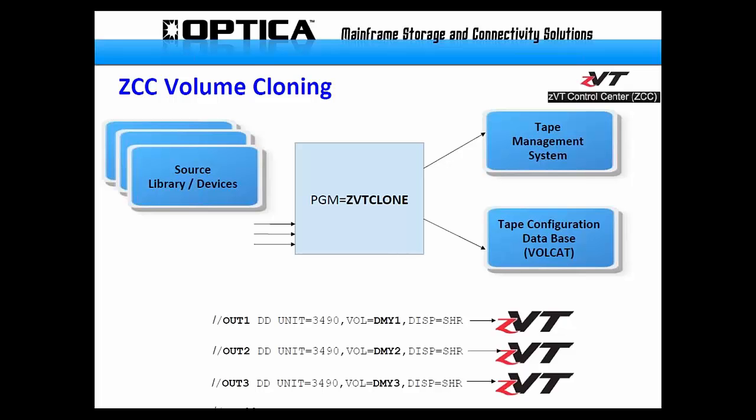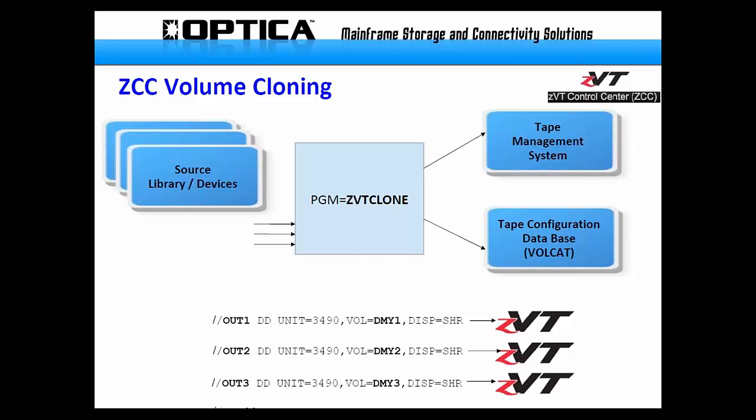So really the only thing that we have to update is on the volume level. ZVT Clone, when it finishes copying a volume, will update the tape management system volume entry with the new location and perhaps the new storage group, the new library location. It'll indicate it's in the ZVT rather than in the storage tag VSM or wherever it came from.